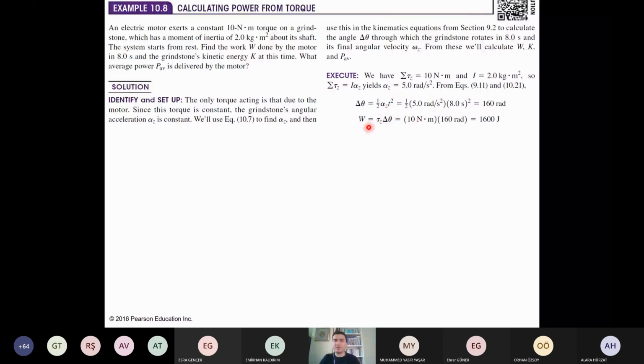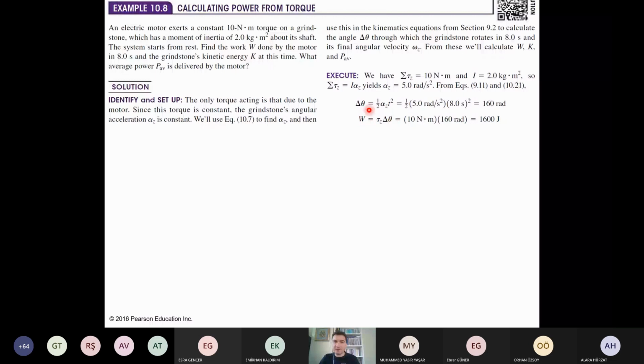Then time is given as 8 seconds, put the time here, alpha z we have calculated, put it there. Then you can calculate delta theta, the change in the angular position, which is 160 radian, and put this information into the work equation.